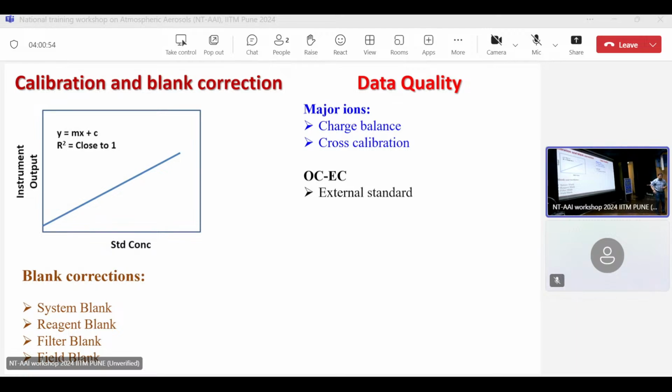For OC, I already told you. Using different instruments and exposing them to the same ambient conditions, we can say that we are cross calibrating. I'm coming to that also.